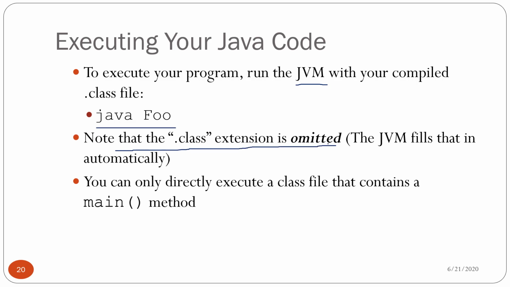This is something I was explaining to you. The JVM fills that in automatically, so you don't need to provide .class. Just say java and the name of the class file without extension. The JVM will put that extension by itself. You can only directly execute a class file that contains a main method. So the main method is a must to execute that class.